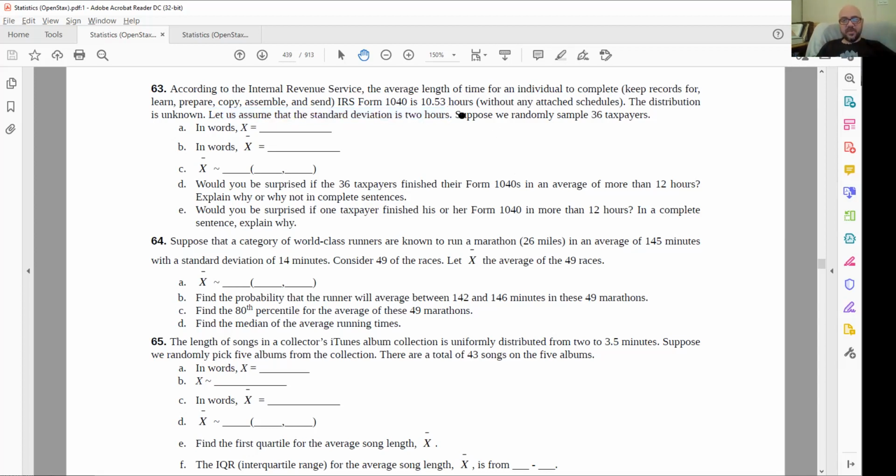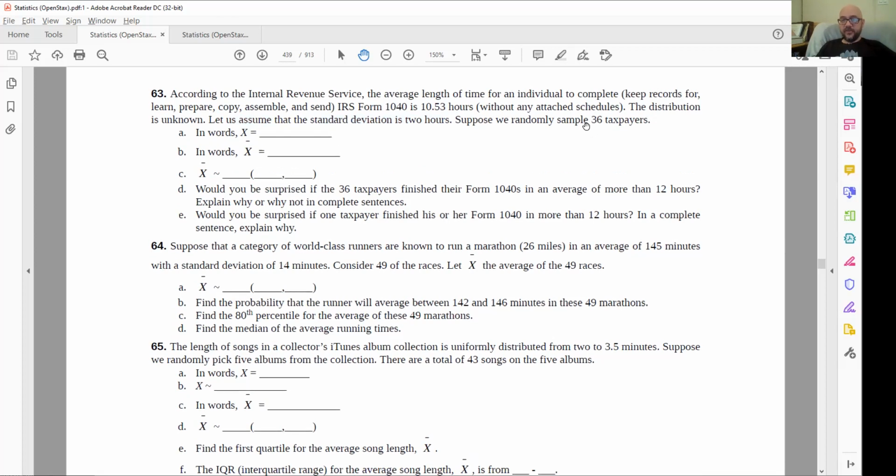Suppose we sample 36 taxpayers. Now, this number 36 is pretty important because we want to use the central limit theorem here. We want to talk about the distribution of X bar, and we're not going to know that unless we can use the central limit theorem to find it. The central limit theorem has two requirements, of which we have to meet one. Doesn't matter which one.